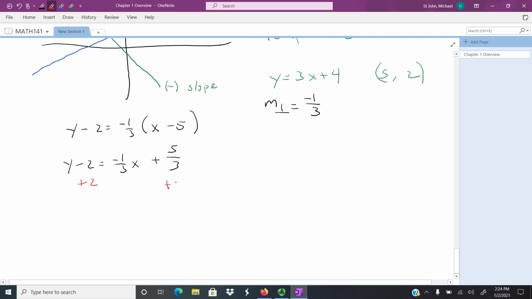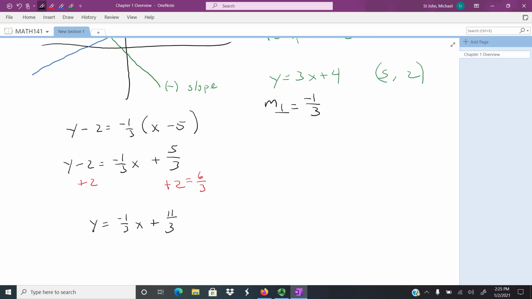Remember, to add or subtract fractions, we need a common denominator, which in this case will be 3, so 2 is the same thing as 6 over 3. And so we end up with y equals minus 1/3 x plus 11/3. And we have our equation. So, a bit on lines.